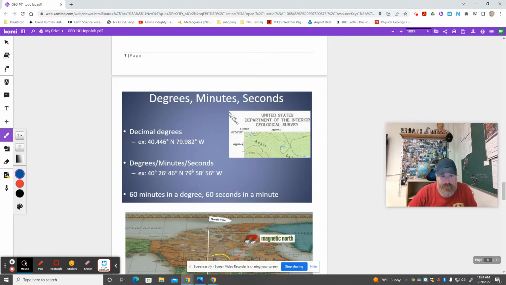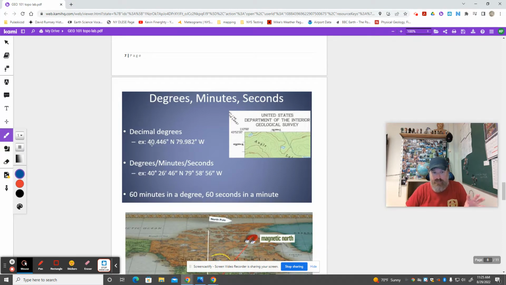For example, if life were simple, we would just do this in decimals because I think everybody's comfortable with decimals, but life's not always simple. We use degrees, minutes, and seconds. So there are 90 degrees of latitude from the equator to the pole, and then each degree is broken into 60 minutes, and each minute is broken into 60 seconds. In theory, it's no different than using a decimal, right?